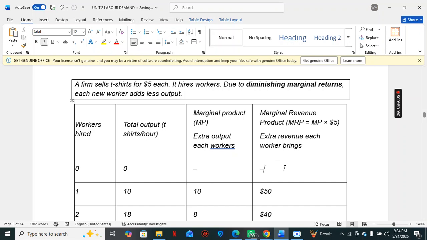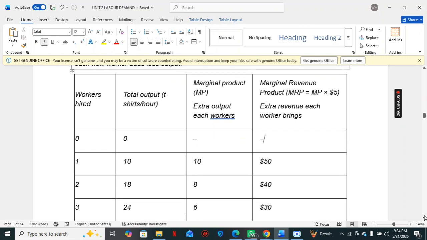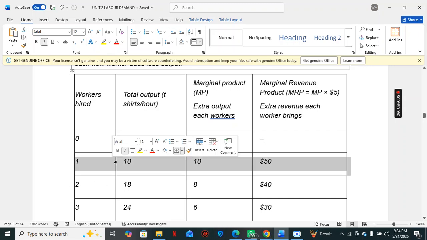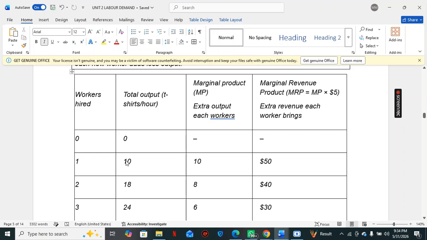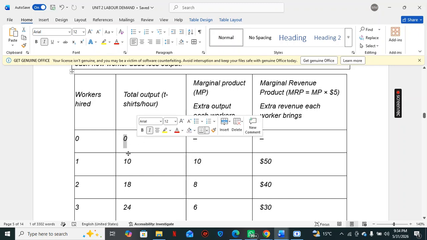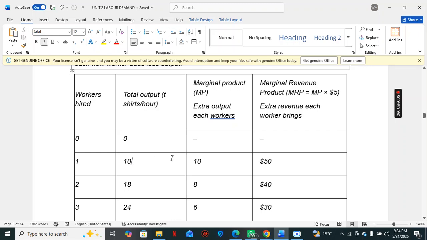Let's say here you've only got one machine, or maybe just a few machines. You bring in the first worker, you're able to produce 10 shirts. The additional product that this first worker has brought is 10 units. You were producing 0, now you're producing 10 units, so this first worker has brought an additional output of 10 shirts.